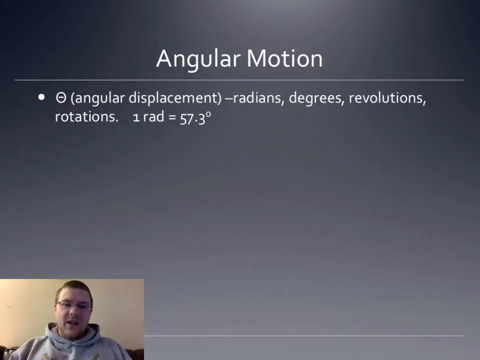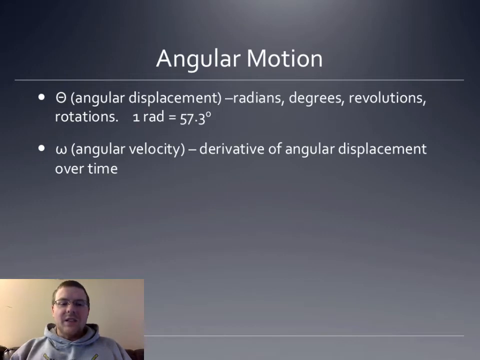We talked about angular displacement being measured in radians or degrees, revolutions, rotations, whatever unit you'd want, but we want to make sure our final angular displacement is in radians. Knowing that 2 pi radians will get you around an entire circle, 1 radian is not a full spin. It's about 57 degrees of your circle, compared to the full circle being 360.